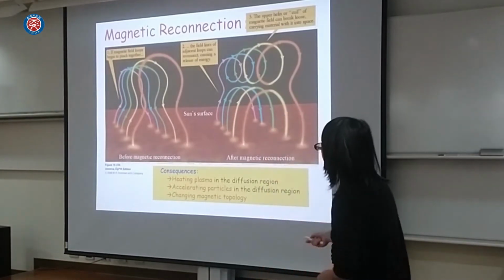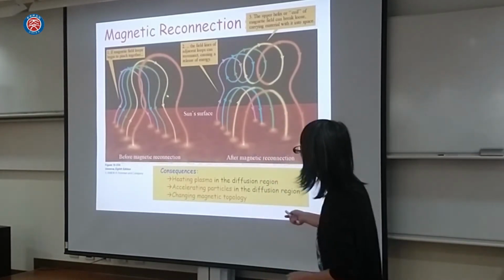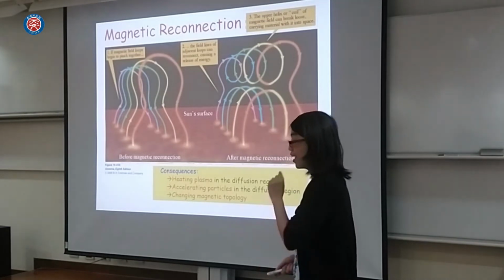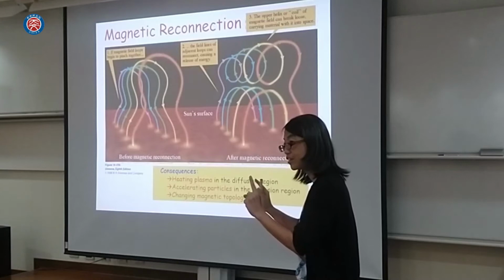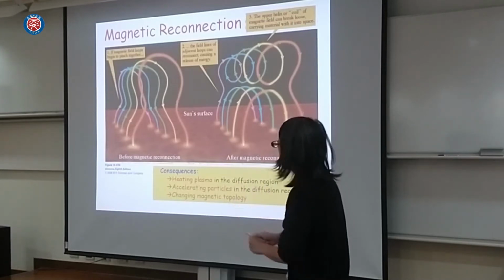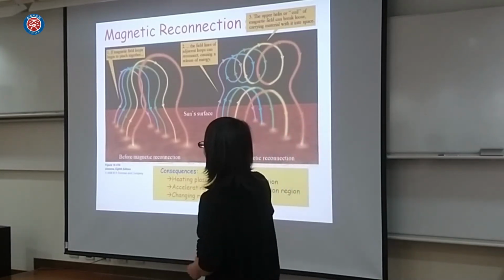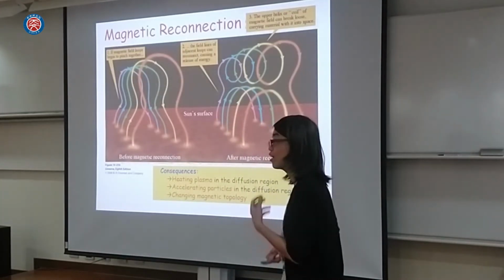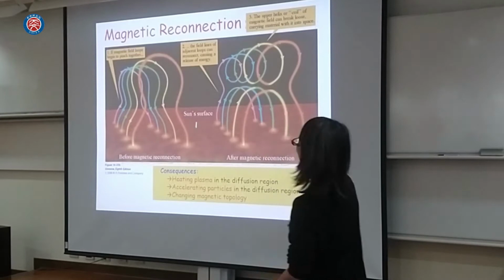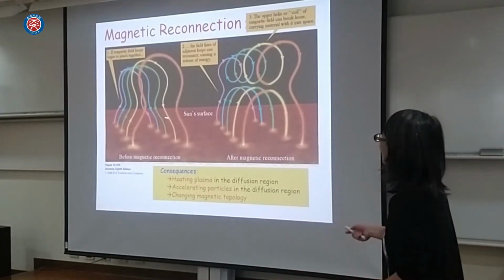If the orange one and the yellow one, these two anti-parallel magnetic fields, move closer and closer, then something happens. Something means magnetic reconnection happens. So it's magic, very magic.